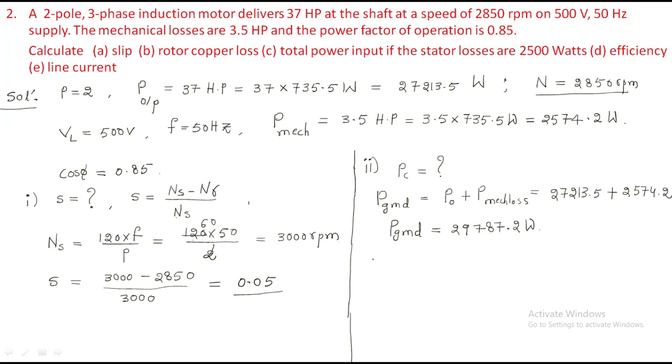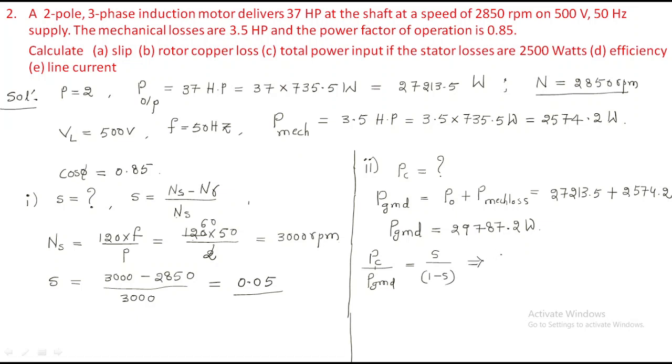Then we have a relation. We are asked to find out the rotor copper loss. We have a relation between rotor copper losses and gross mechanical power developed, which is S by (1 minus S).